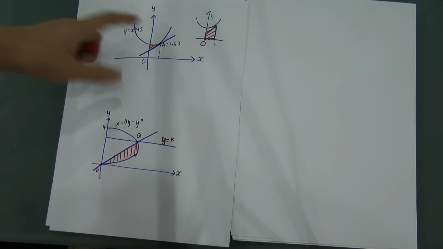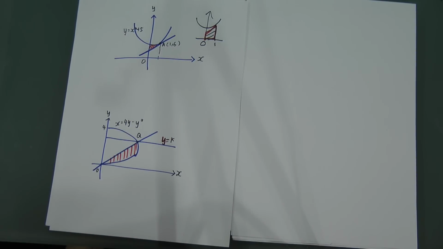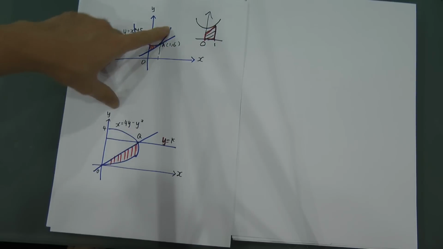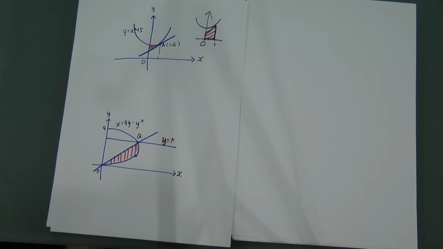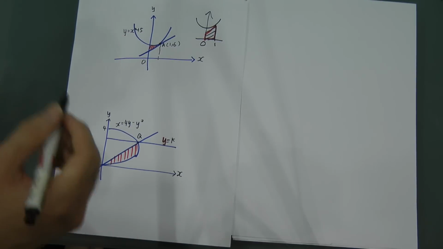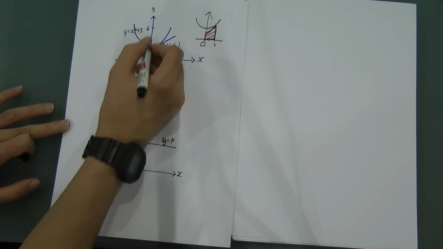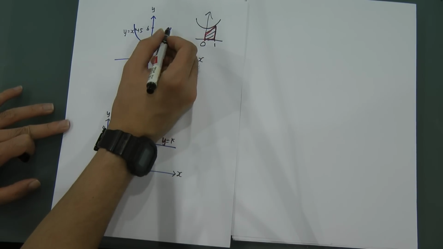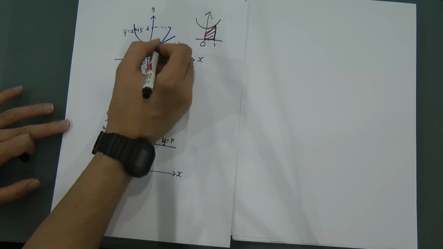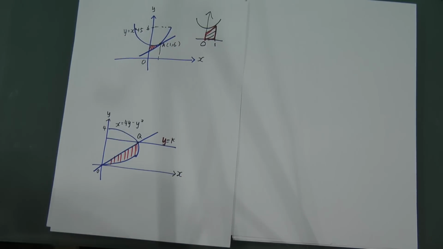If you want to integrate on y, it is hard to find the coordinates. For example, if you really can find, let's say this is b, and you integrate this curve from this coordinate to b, you will get this area, which is not the area we want, and even if we get this area, it doesn't help.